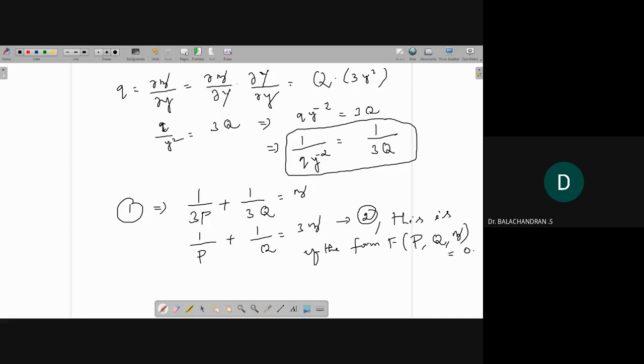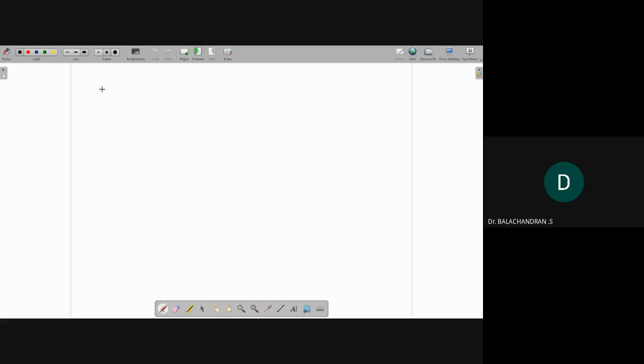Now, the solution of type 4 is you should start with z equal to function of u, where u equal to capital X plus a into capital Y. Then capital P equal to dz by du, and capital Q equal to a into dz by du.